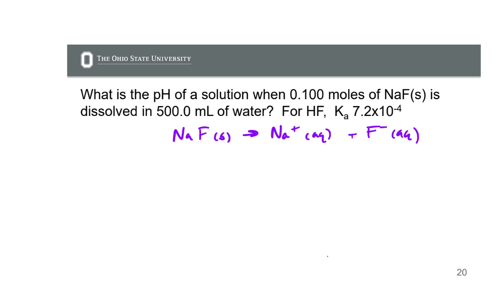It is the conjugate acid of a strong base, meaning it won't react with water. Fluoride ion, though, as we've seen today, can react with water to form HF and OH-. Based on that, this equilibrium, we know we should form a basic solution.